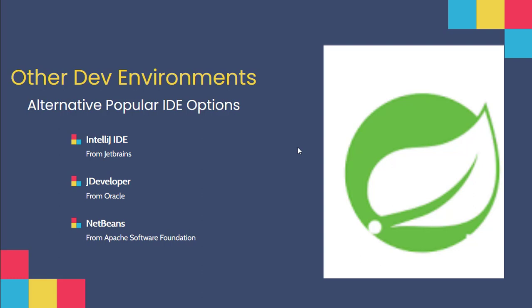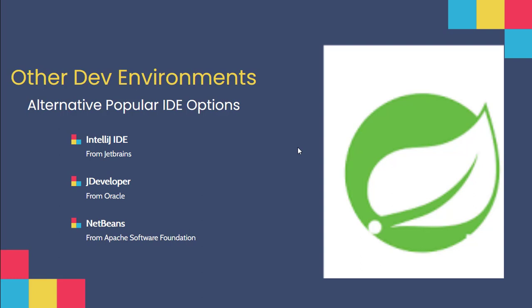IntelliJ IDEA also has a community edition, but it doesn't support development with Spring Framework. The Ultimate Edition comes with a free 30-day evaluation, and students and open source developers can also apply for a free license for Ultimate Edition.